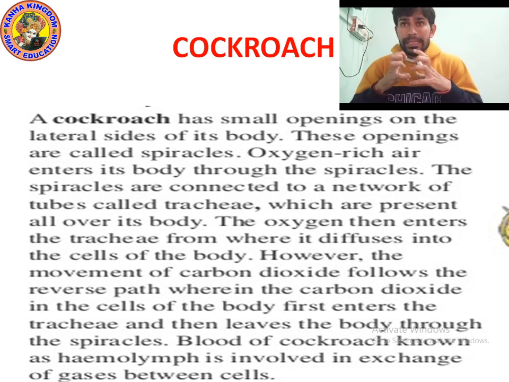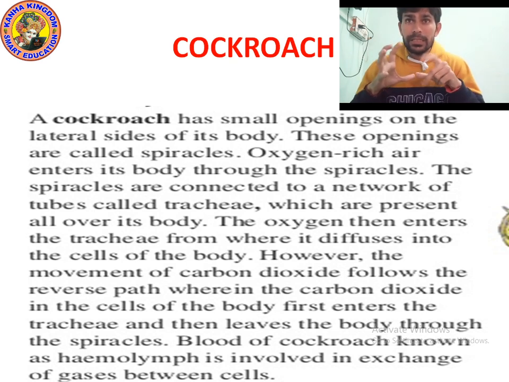But in a cockroach, the gas exchange is through spiracles, so oxygen rich air enters through the spiracles and reaches the tracheae, which are a network of tubes present all over its body.